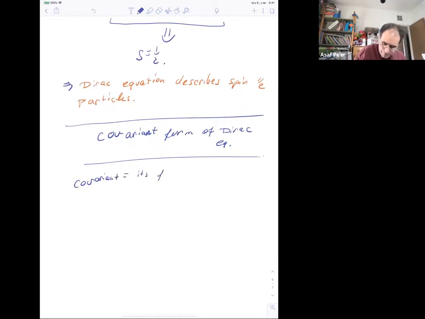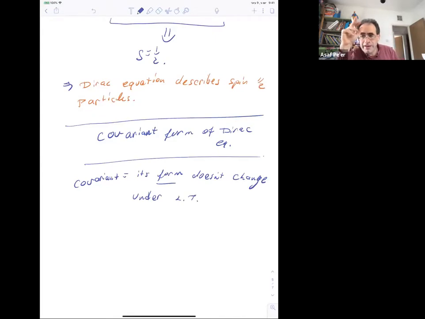It's different than invariant. Invariant means that the numerical quantities do not change. Here the numerical quantities do change, but the form stays the same.